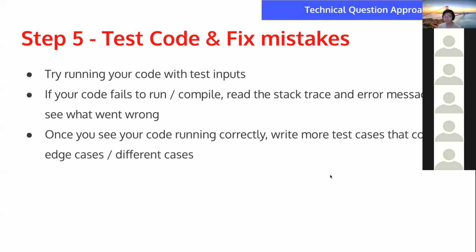So those cases could come up, but just try to read the stack trace or the error messages that your compiler is telling you, and try to fix those issues one by one. And once you see that your code is running correctly, then you can try to write more test cases to gain confidence in your solution being right. So yeah, these are the 5 steps that you want to take in approaching a coding question. It's really important, so that's why we want to keep highlighting it for you guys.